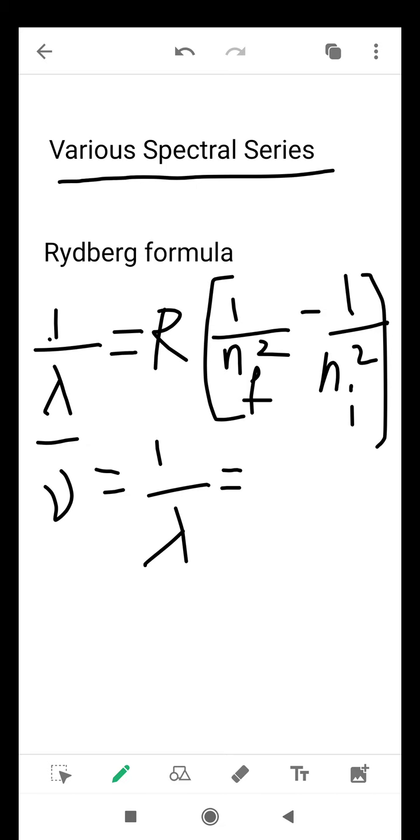The wavelength of the spectral line depends upon the energy difference between the two energy states in which the transition of the electron takes place. The spectral lines arising from the transition of an electron from the higher energy states to a particular lower energy state form a series, which is known as a spectral series.